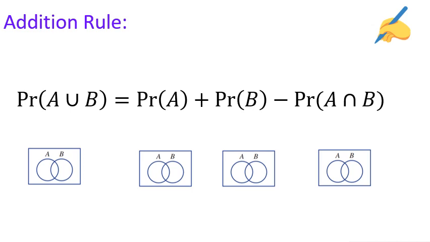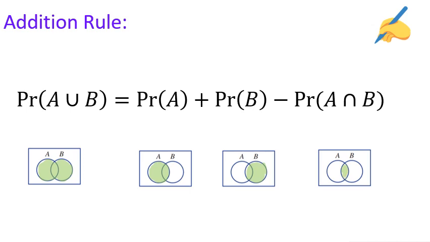It states that the probability of A or B, that's this whole section here, equals the probability of A, so this is A, plus the probability of B, so that's the whole circle of B, minus the probability of A and B, so that's the overlapping intersection there.